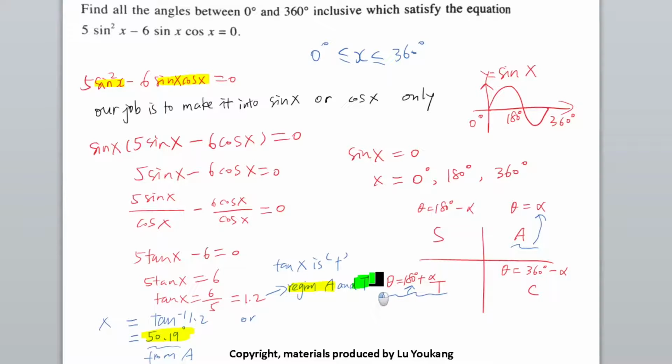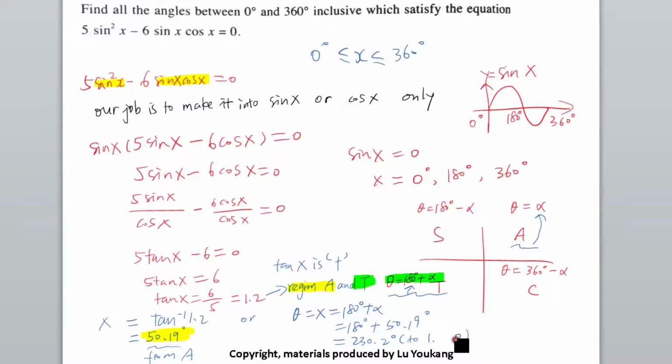Okay, so now let's proceed to use the formula in quadrant T. Theta equals 180 plus alpha. So therefore theta, which is my x, equals 180 plus my 50.19. Take out your calculator, you should get 230.19 degree.